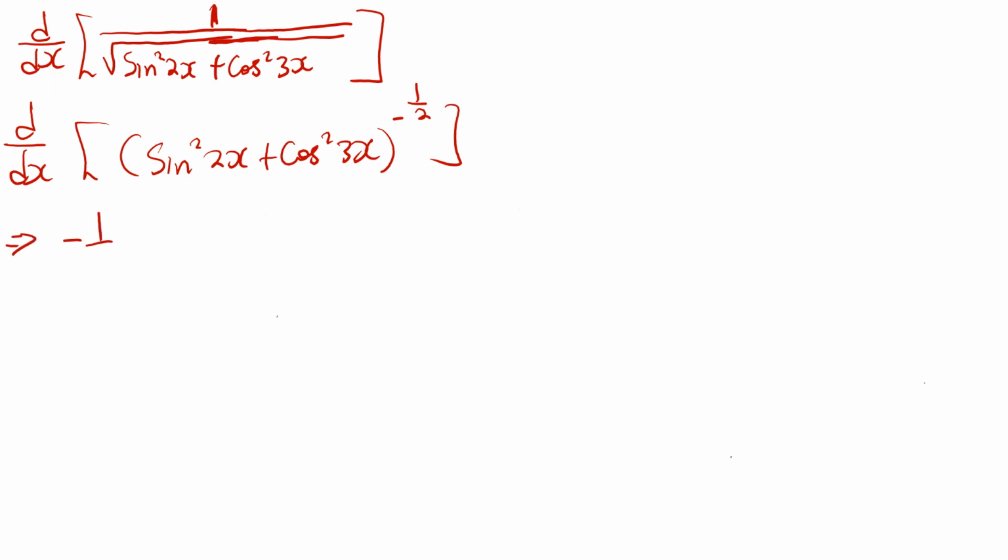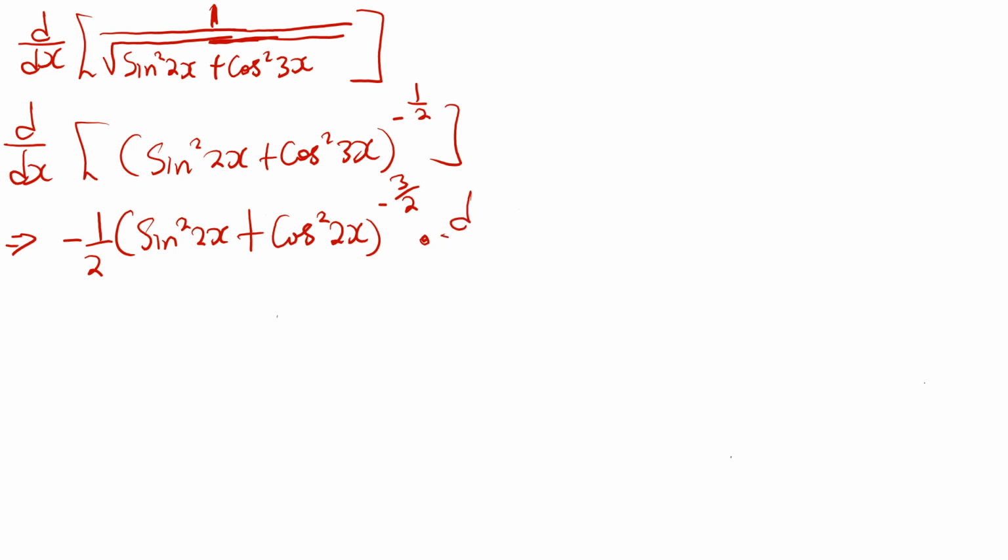Let's start applying our chain rule. We're going to drop our exponent, which is negative 1 over 2. We keep what we have inside, and then we subtract 1 from our exponent. So negative 1 over 2 minus 1 is negative 3 over 2, multiplied by the derivative of what we have inside.